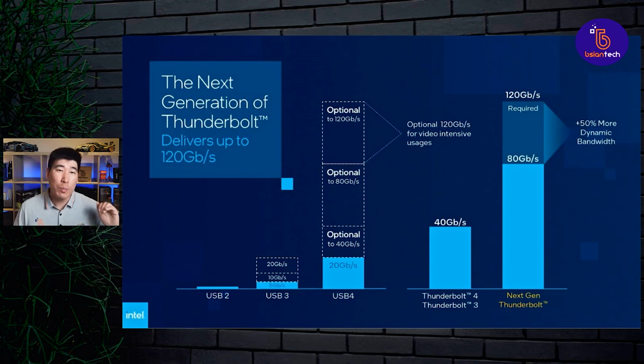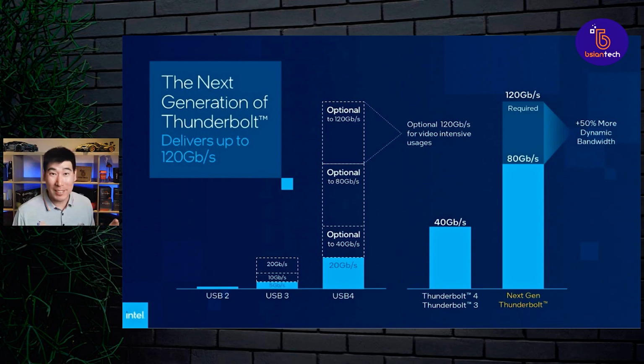With USB 4 version 2, it can go up to a maximum capacity of 80 gigabits per second. Although there's a catch to it, and we'll talk a little bit later on. Now, the next generation of Thunderbolt will also go up to a capacity of 80 gigabits per second as well. It also has this really interesting feature, which will dynamically switch to go up to a maximum capacity of 120 gigs.